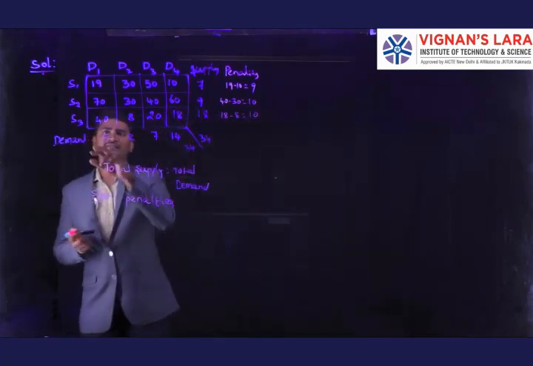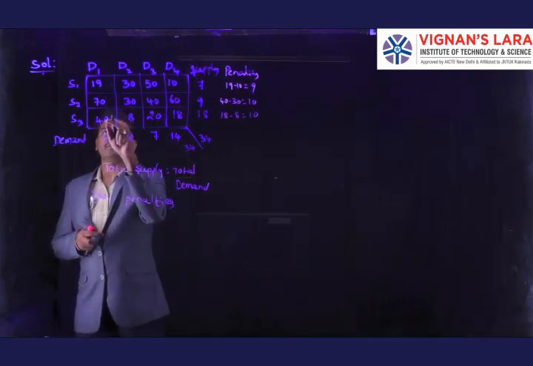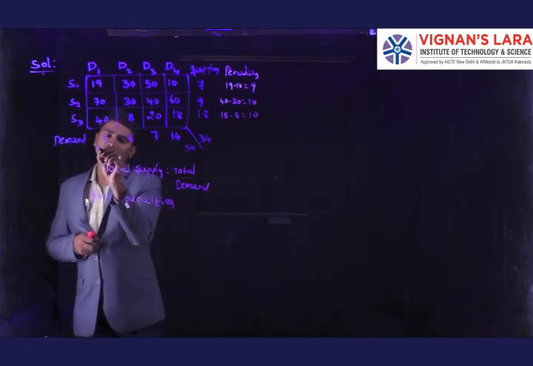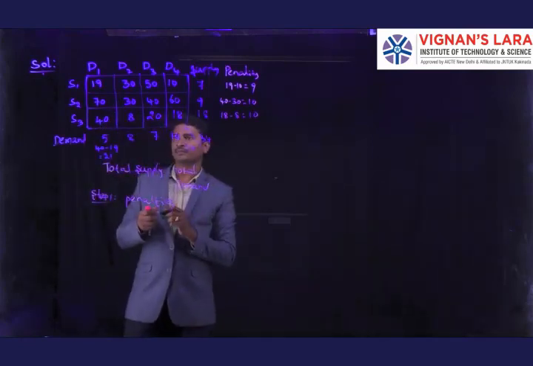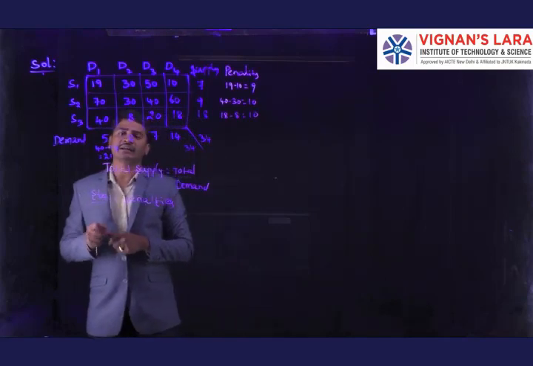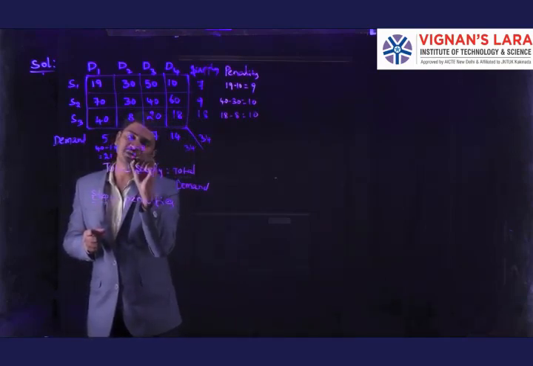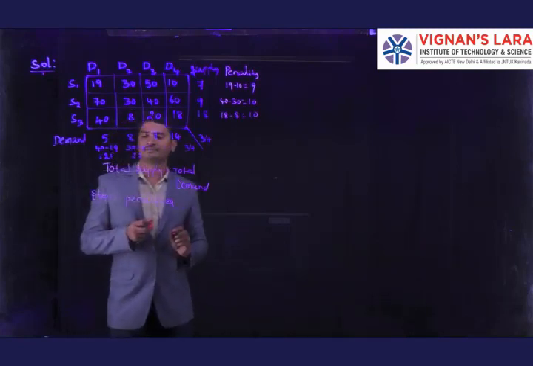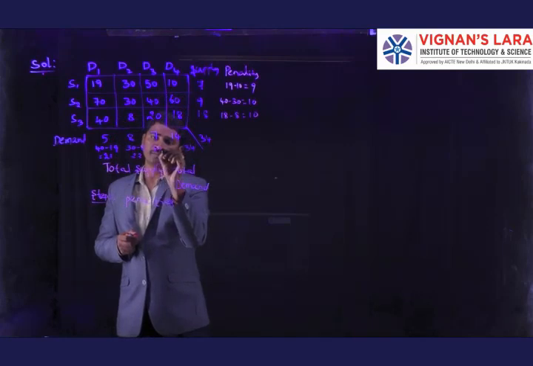Next, coming to the demands. Coming to the first column, 19 and 40. We calculate the difference between these two: 40 minus 19 is equal to 21. Next, the second column: 30 minus 8 is 22. Next, 40 minus 20 is equal to 20.